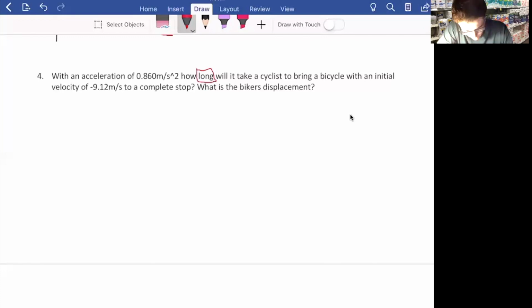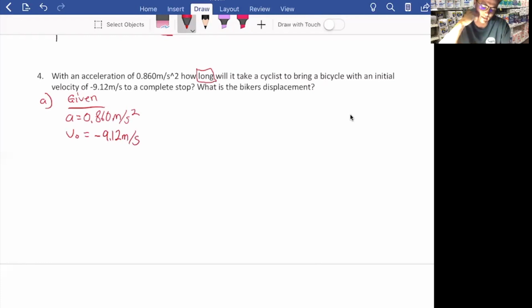So for the first question, question A, what are the givens? It gives us an acceleration in meters per second squared, and an initial velocity, V naught, which is a negative initial velocity in meters per second. Then it says it comes to a complete stop. What does that mean? It means our final velocity is 0.